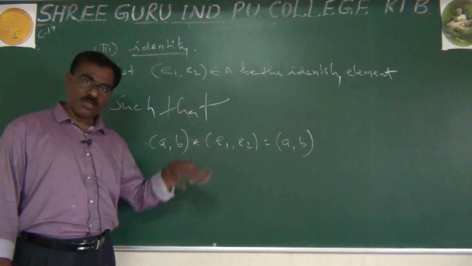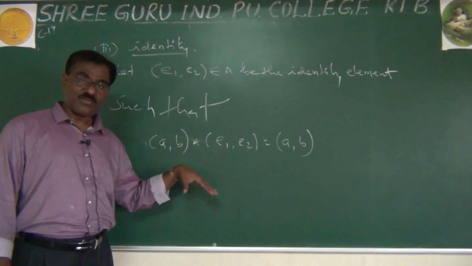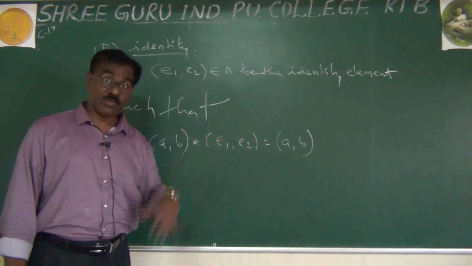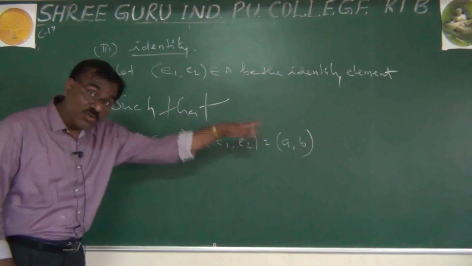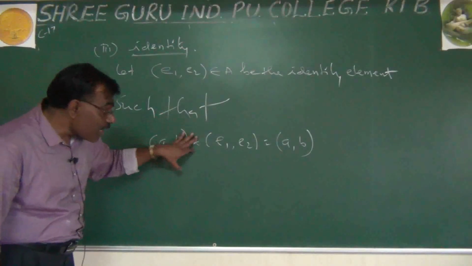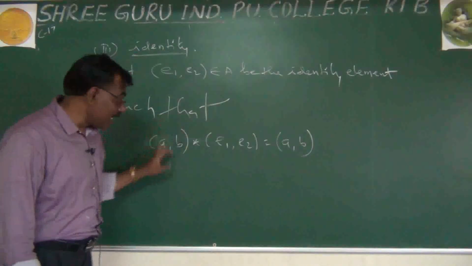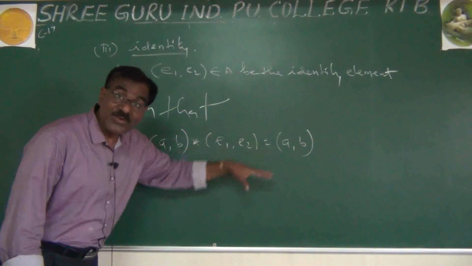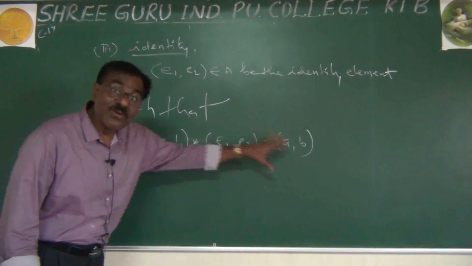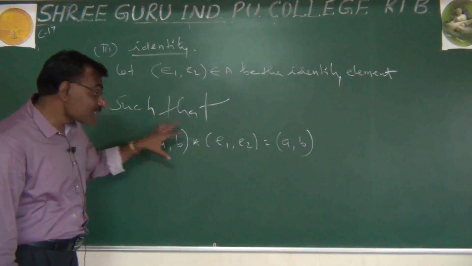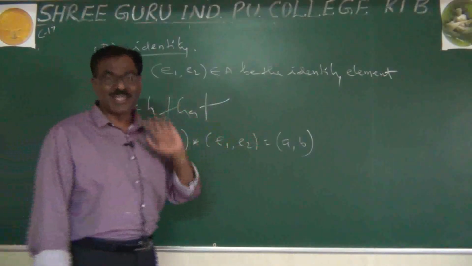Similarly, reverse also. Whether it exists or not. If it exists, we go to the second case. Both are the same: A star E equals A.